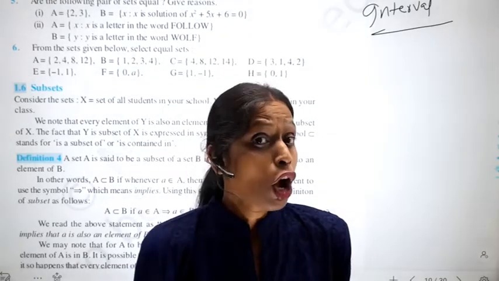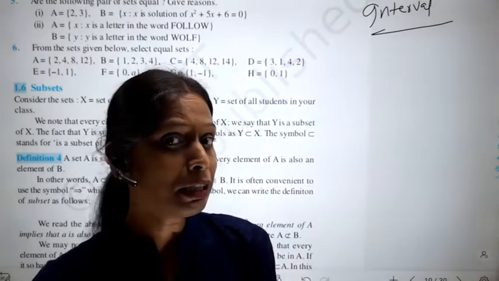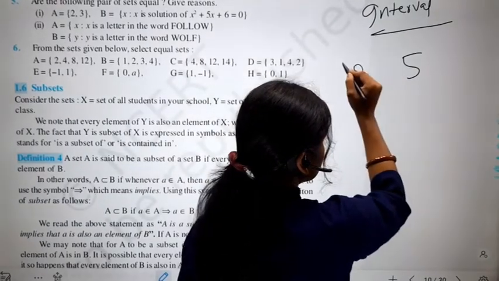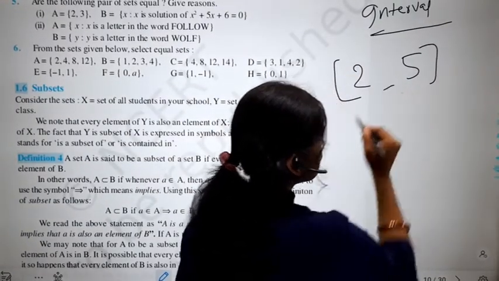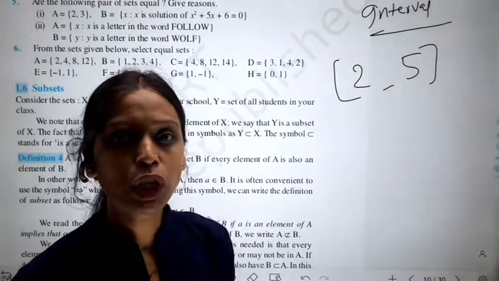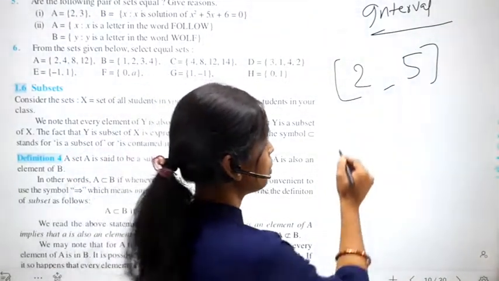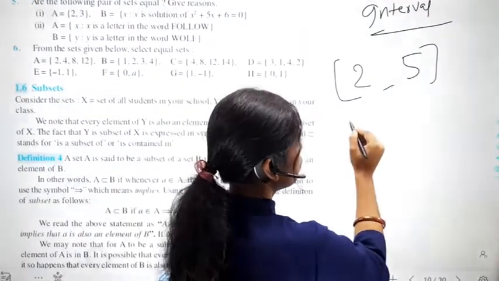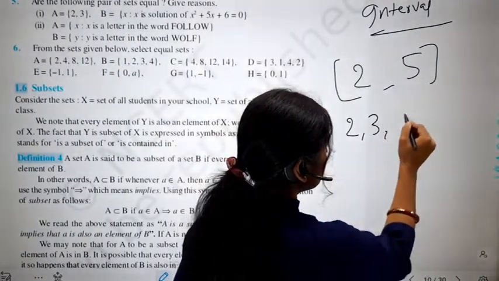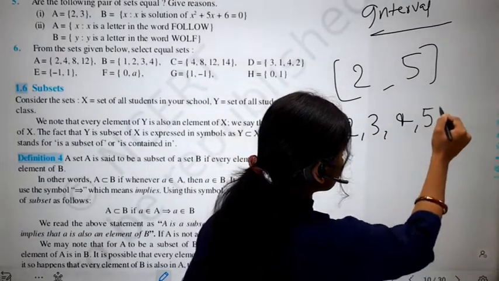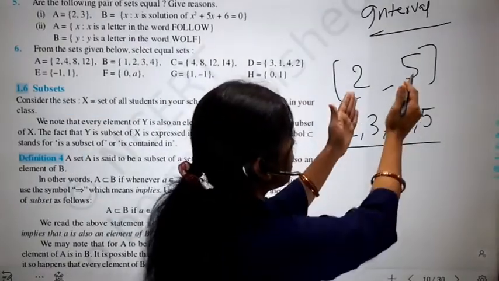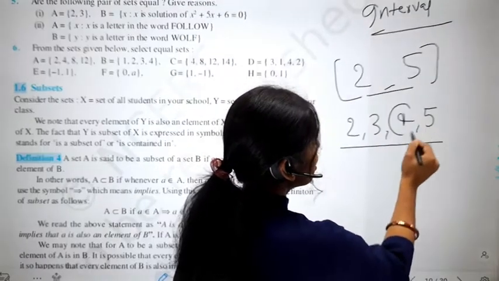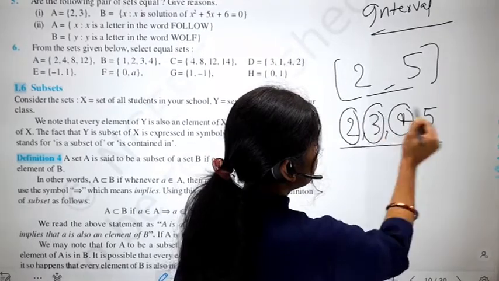Then how many numbers will be in the interval? 2 and 5. Then how many natural numbers are seen in this? 2, 3, 4, 5. Why? Because of the interval of naturals. That's why 2, 3, 4, 5.